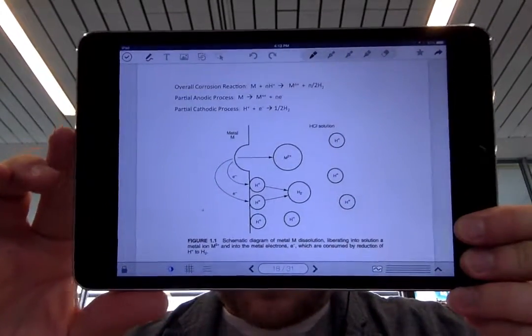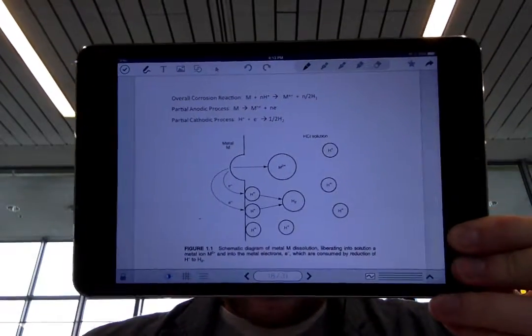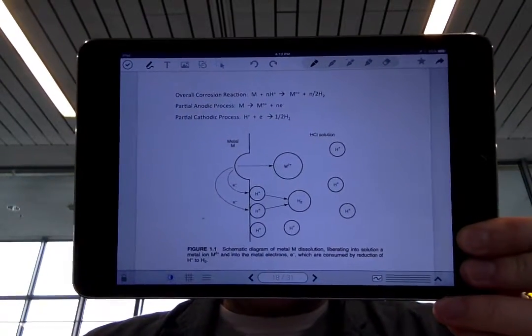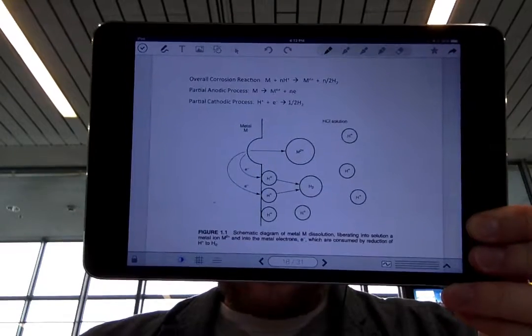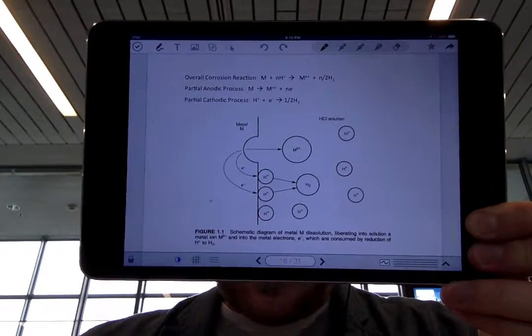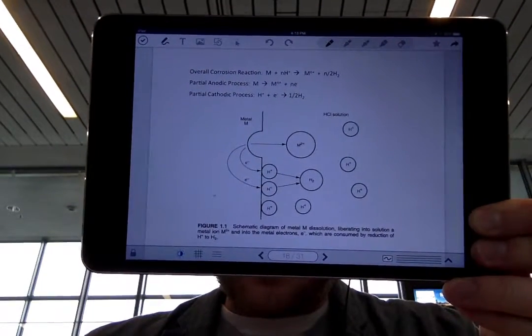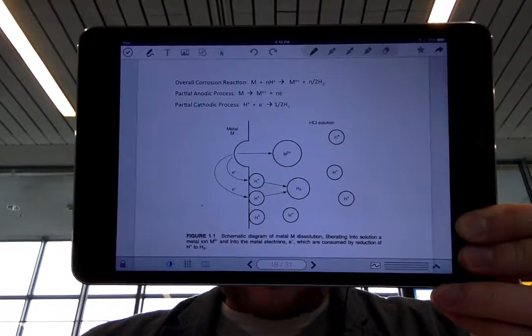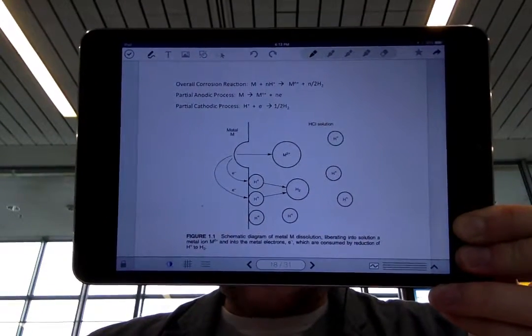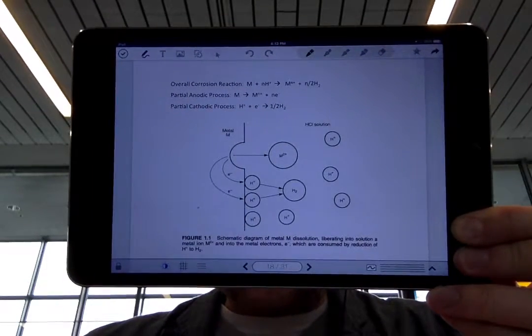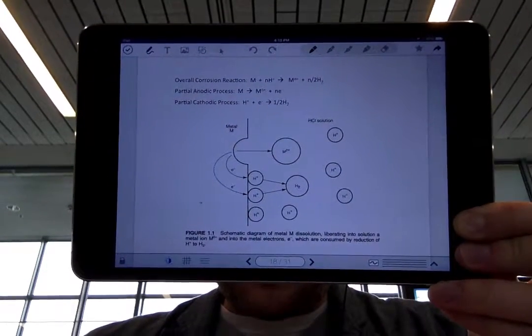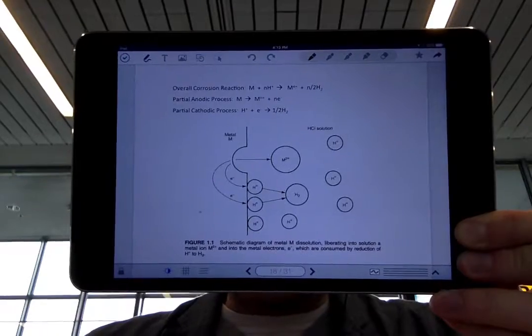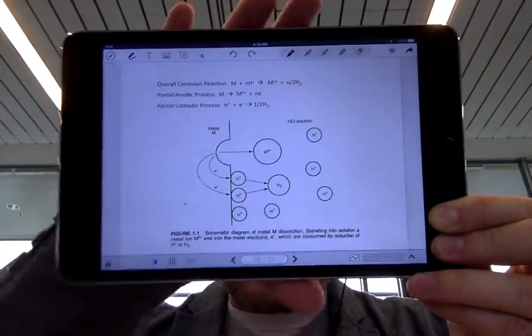You know that protons really like to be reduced, and when protons are reduced they generally go to hydrogen. What's important in this slide is that now you can see the interfacial reaction. All electrochemical reactions have to happen at an interface, because you need electron transfer from the metal to whatever's being reduced. And that's highlighted right here.